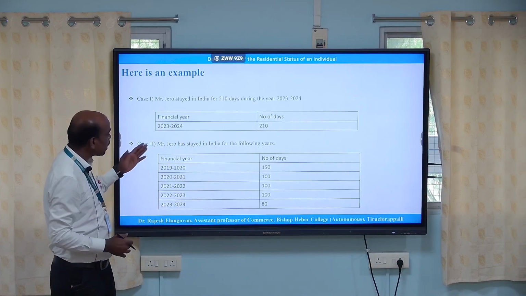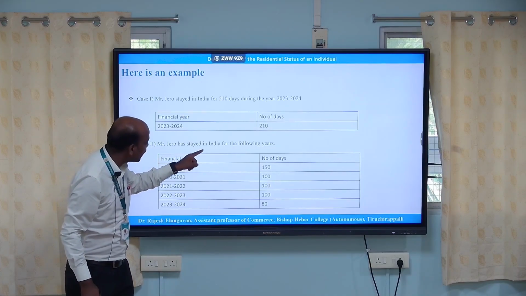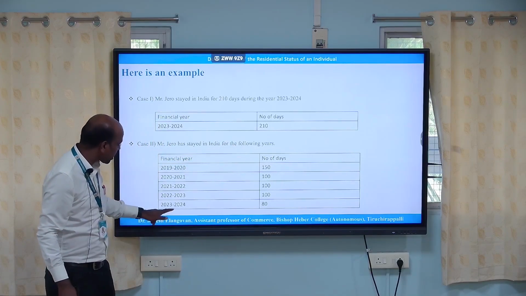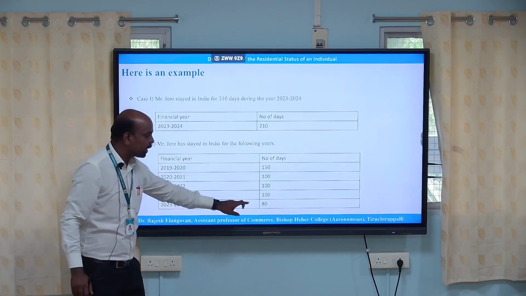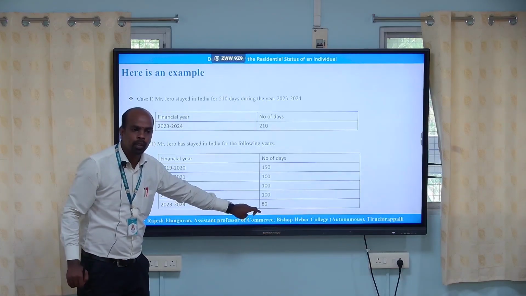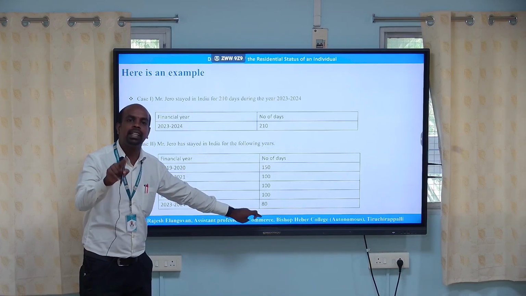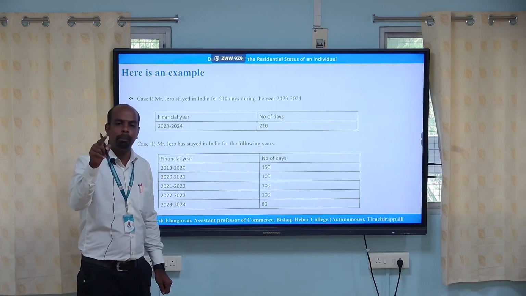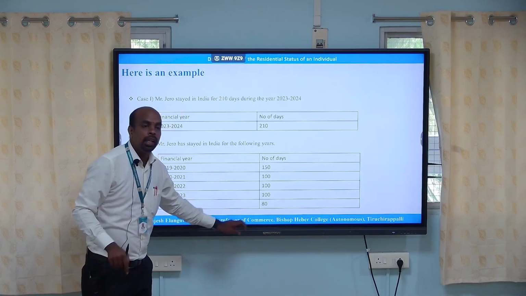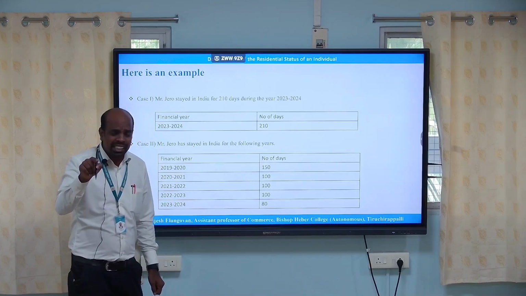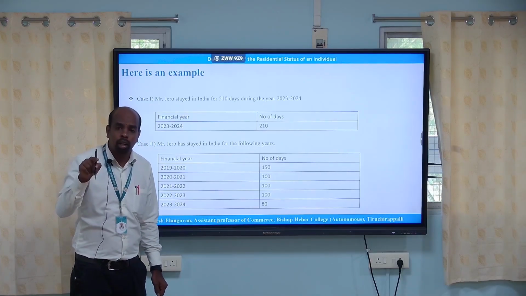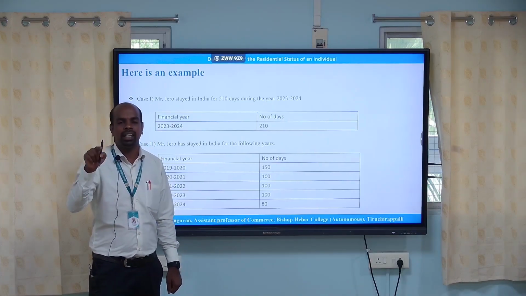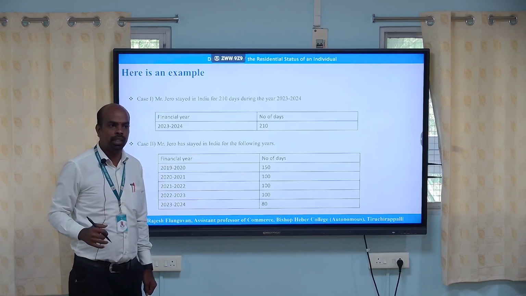And have a look at case number 2. Mr. Jero has stayed in India for the following years. For the financial year 23-24, he stayed only for 80 days. So he does not satisfy basic condition A. Therefore, we are going to check basic condition B. He should stay in India for 60 days during the previous year and also a total stay of 365 days in the 4 preceding previous years.